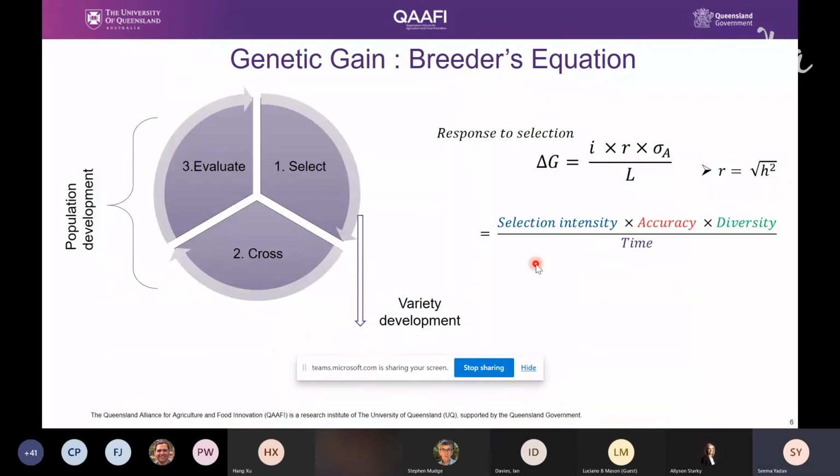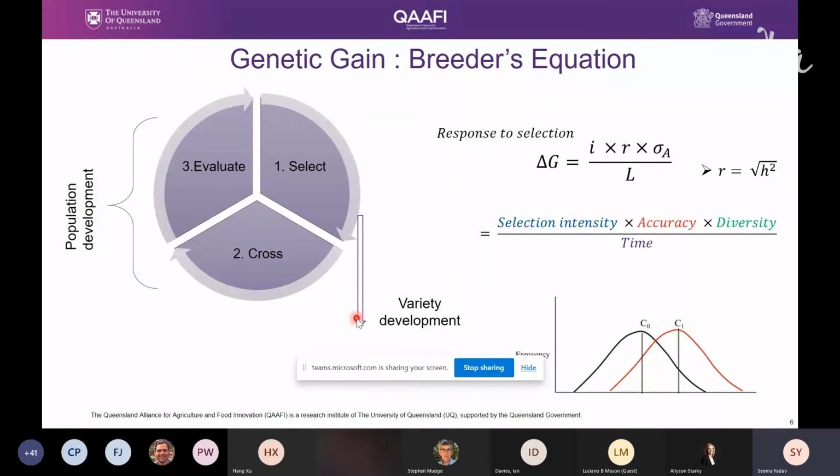To understand it, genetic gain is basically the improvement in the average genetic value of a trait that comes from selection, within a population and over a given time period, and the time period we are talking about here is the breeding cycle. It's very important.